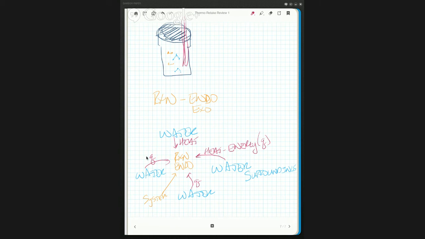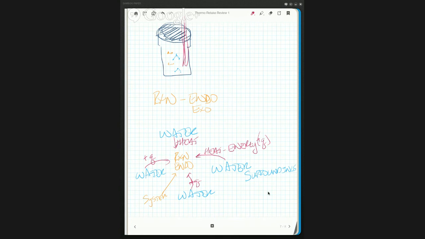That means that Q is positive in this situation because, according to the system, it's gaining heat. It's endothermic, so the reaction's happening, it is gaining heat. A great example of this is the ammonium chloride in water. It starts to feel really cold if you start dissolving it in water.